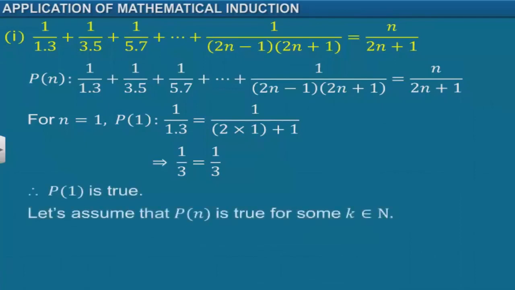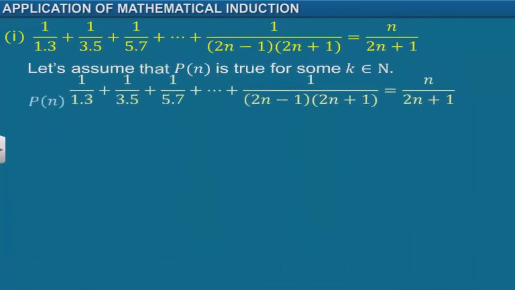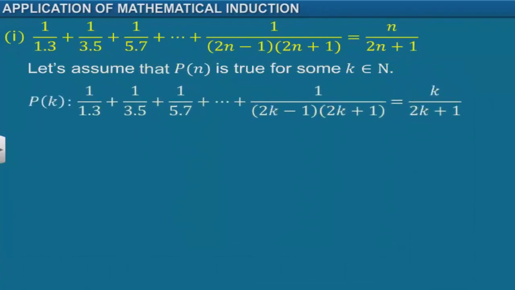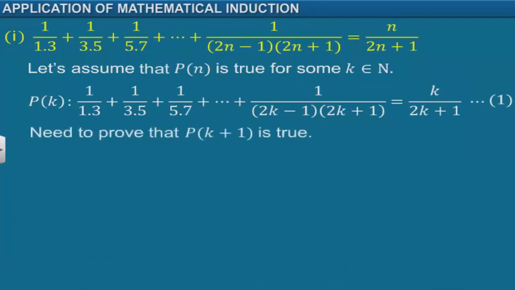Let's assume that P of n is true for some natural number k. On replacing n with k, we get this statement. Let this be equation 1.